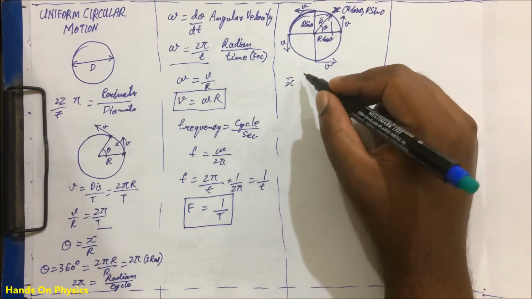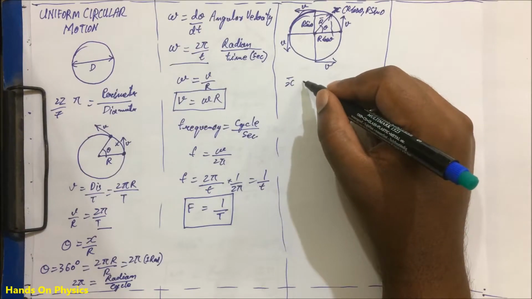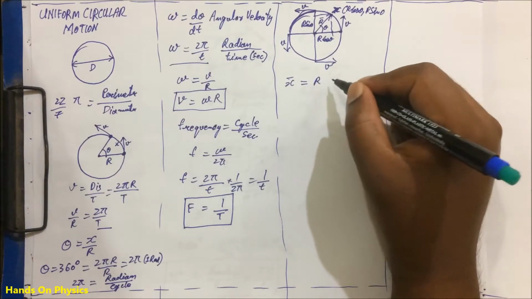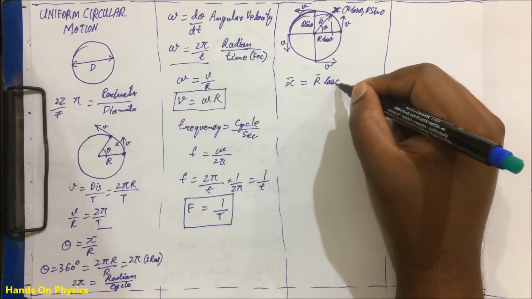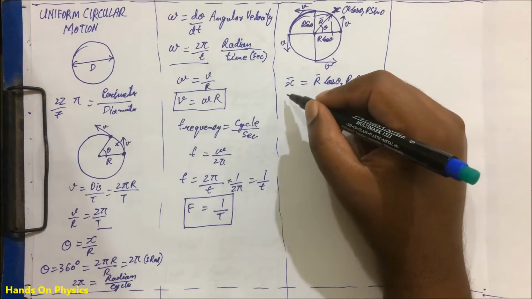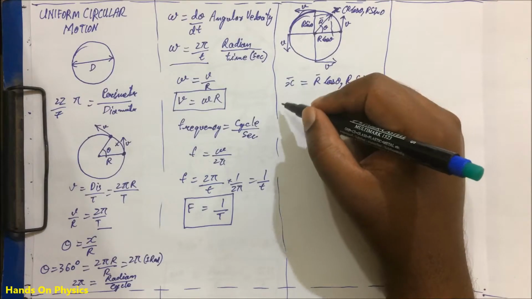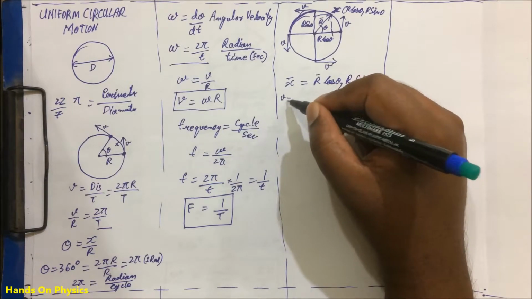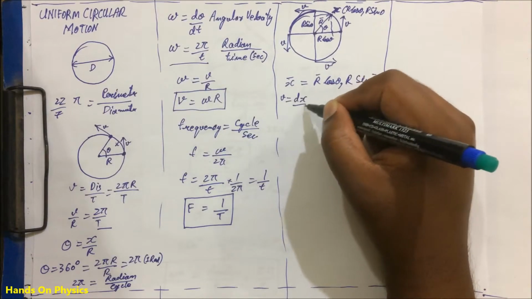So we know this position vector x has coordinates r cos theta, comma, r sin theta. Now in order to get the velocity, we can write dx by dt.